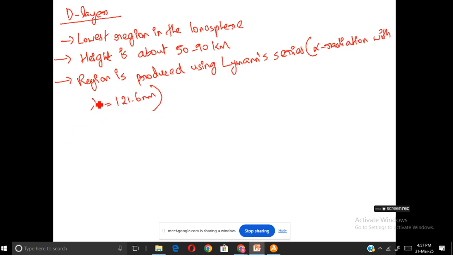Solar radiation having a wavelength of 121.6 nanometers leads to the production of this particular region. So this is very weakly ionized because, since this is the lowermost layer, most of the energy is absorbed in the upper layers.